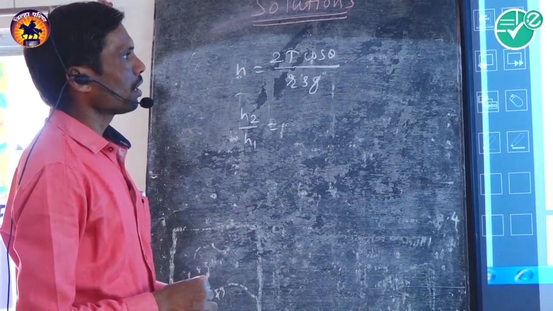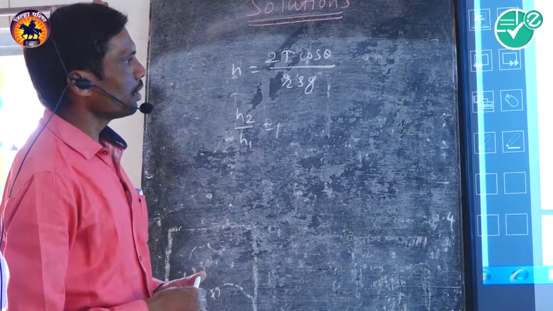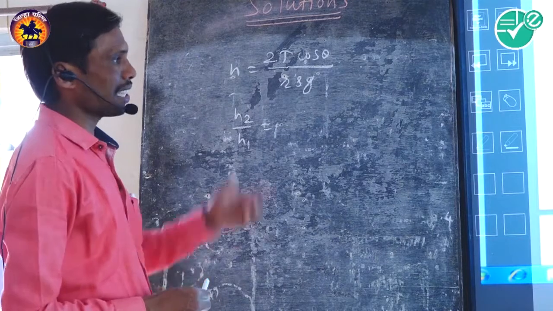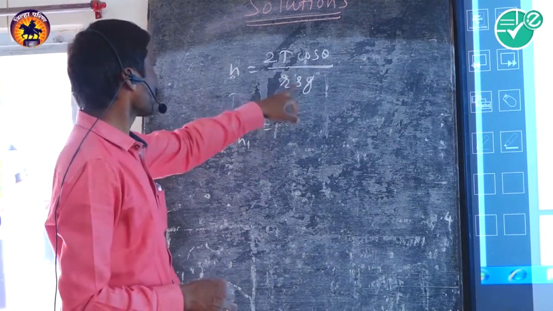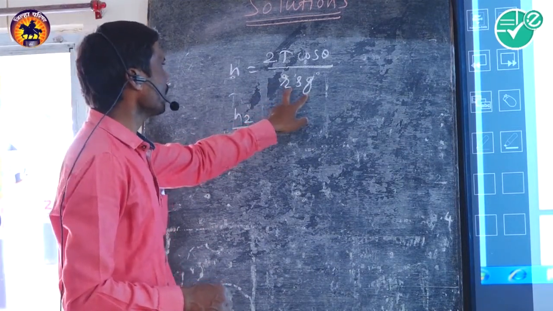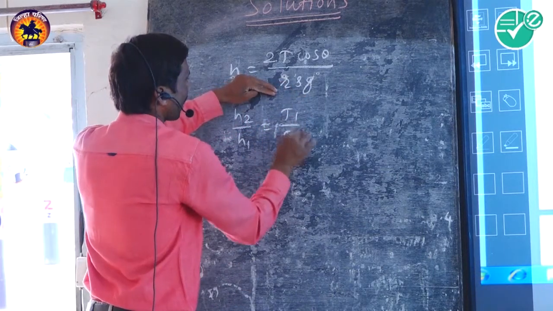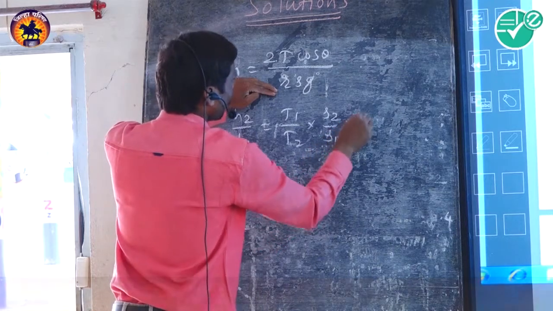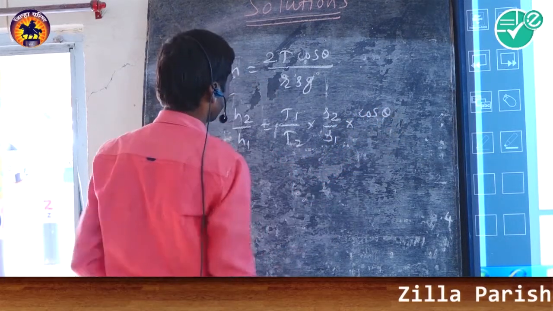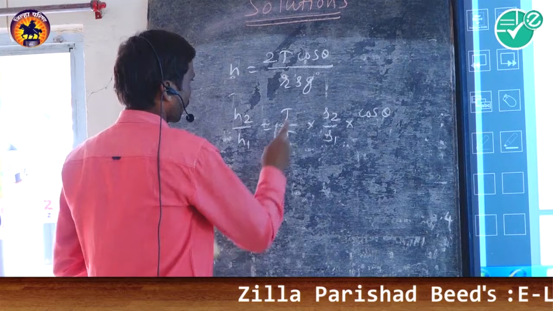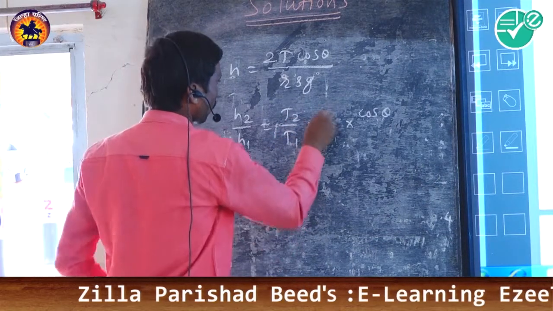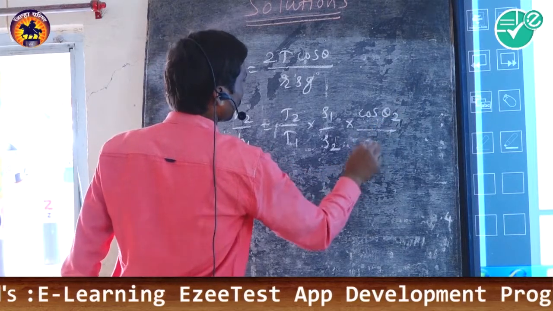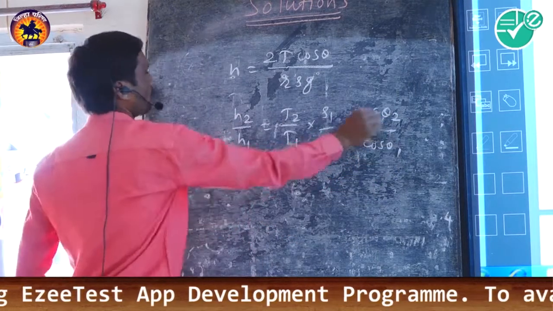here the first liquid is water, and the second liquid is another liquid, so there are two liquids, but the same capillary tube is used. It means r is constant, and g is constant. So we get H2 divided by H1 equal to T2 divided by T1 into rho 1 divided by rho 2, and cos theta 2 divided by cos theta 1, because it is proportional to cos theta.